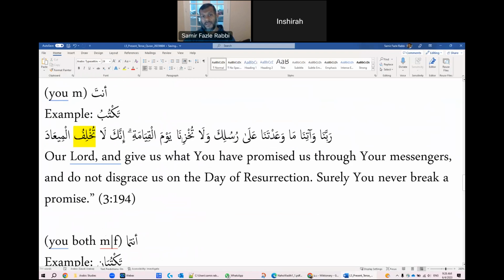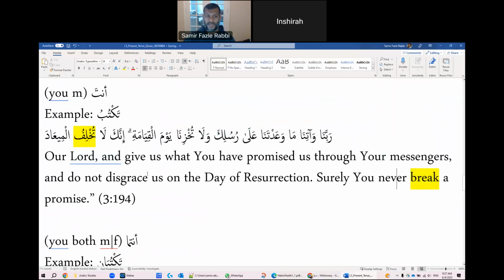Tukhzina is like a command or request, and whenever we have a command or request, and we're going to cover this later, the ending tashkil will not be a dhamma usually. It'll change. So la tukhlifu is surely you never break.